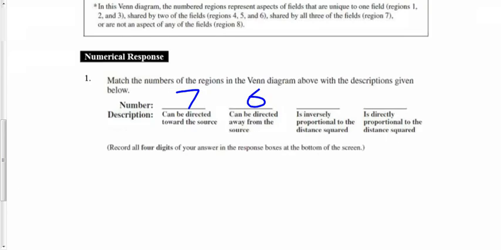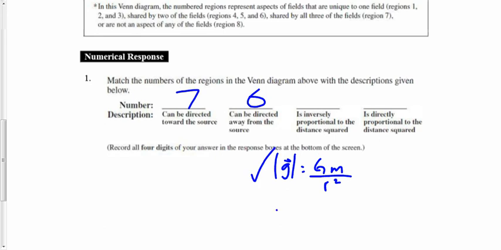Now this is where it gets tricky. The reason that I put this on this practice quiz was to illustrate a point with this particular blank. Is inversely proportional to the distance squared. The gravitational field is Gm over r squared. Is that inversely proportional to the distance squared? Yes.